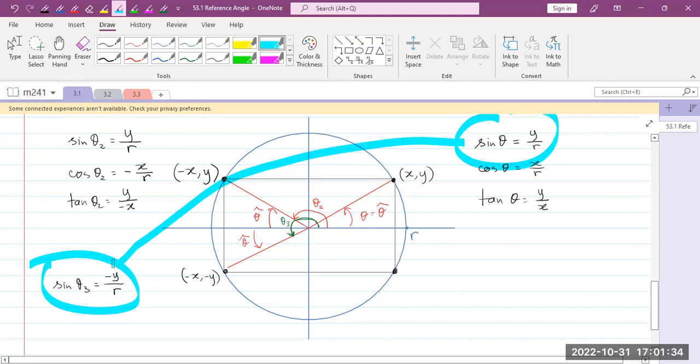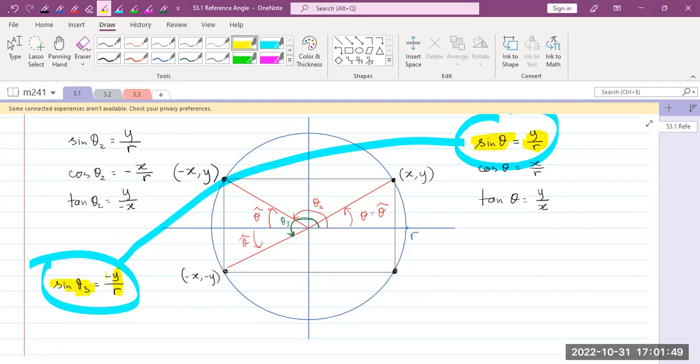Notice that they have exactly the same value, y over r, except that sine in quadrant 1 is positive and sine of an angle in quadrant 3 is negative.